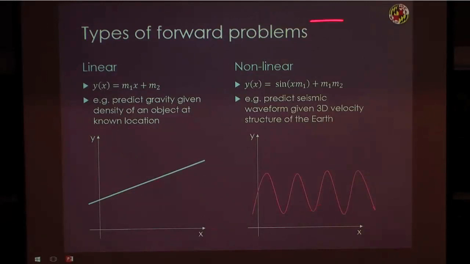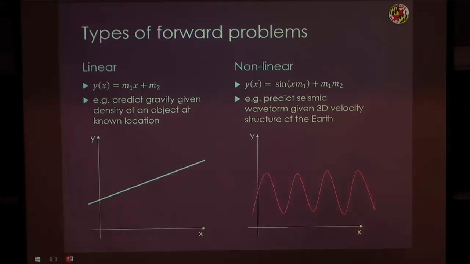So I'm going to get back to this topic of types of forward problems, but here I just want to illustrate a very simple pair of forward problems. On the left, we have a linear problem, a simple linear relationship between quantities x and quantities y. And this linear model here has only two parameters. It has a y-intercept, which is here called m2, and it has a slope, which is called m1.